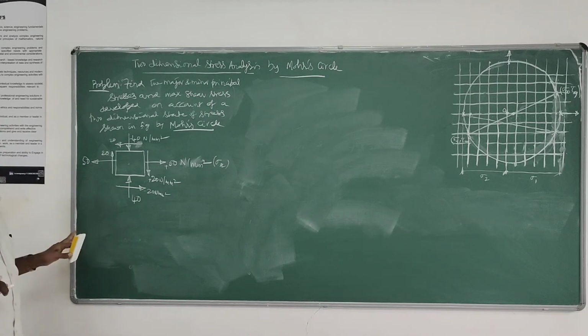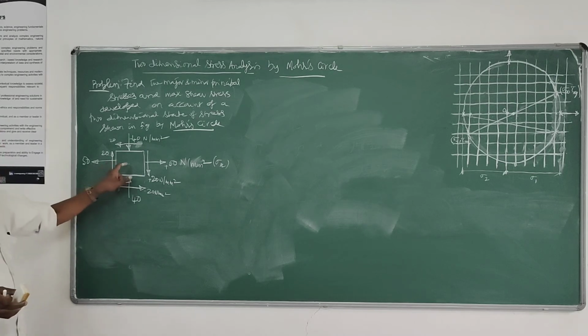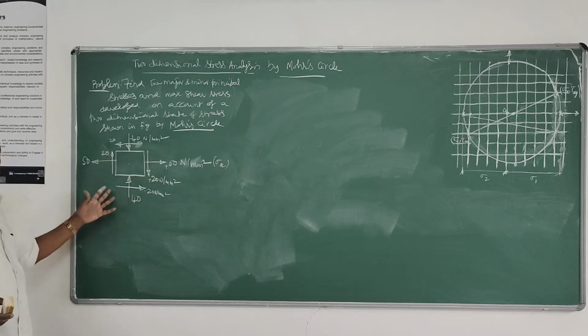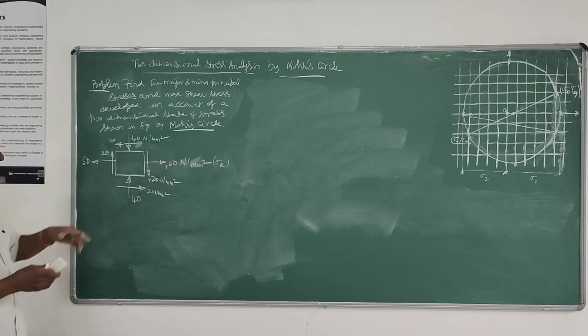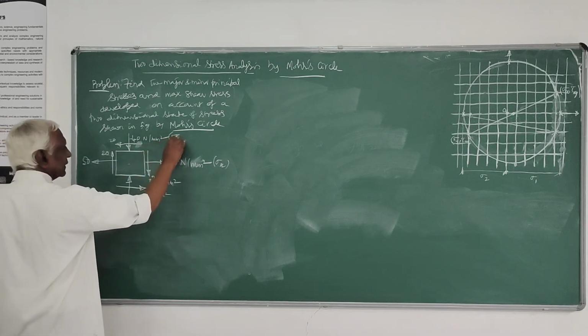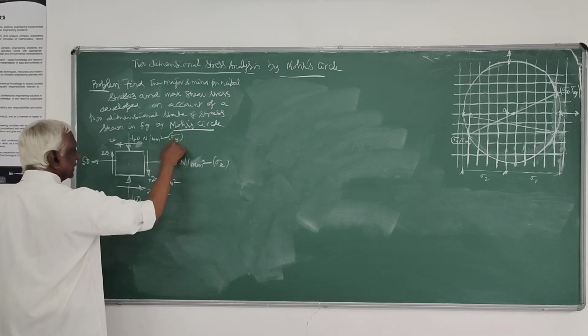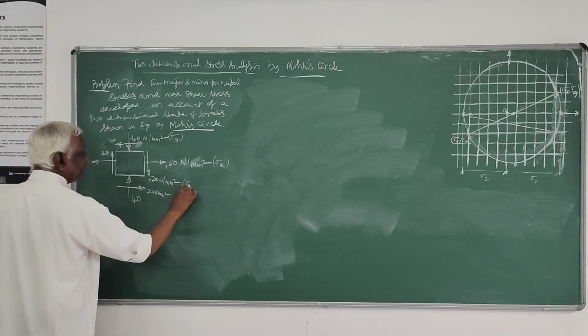This you have to ascertain. Same thing you have in the theory. Accordingly, you can substitute all these values for sigma x, sigma y, and tau xy.